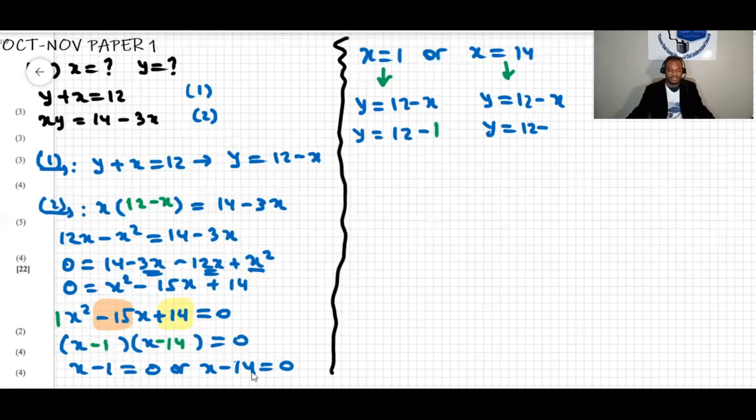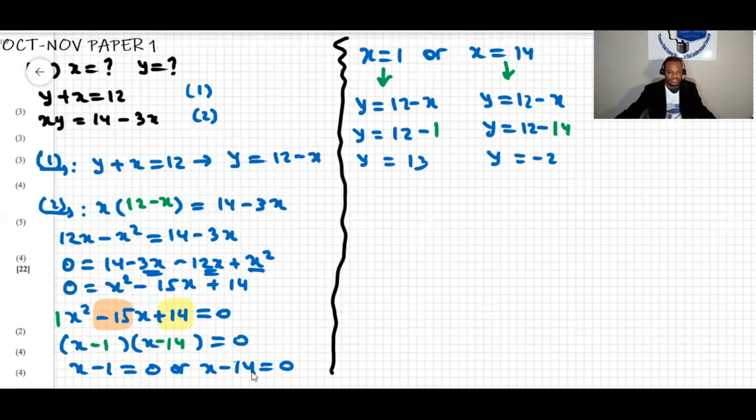Then we get y is equal to 11... actually 13 as shown. And then also we sub the value of x, and x is 14 over here. Then that means y will be equal to -2.